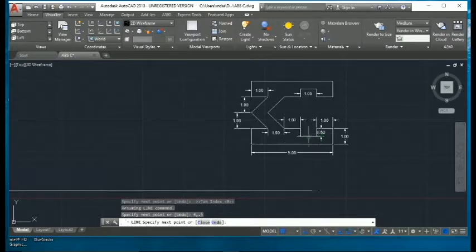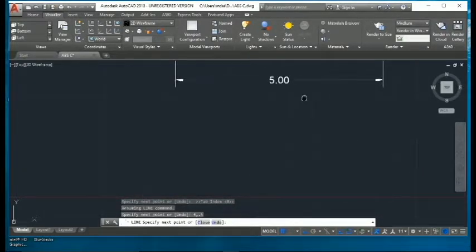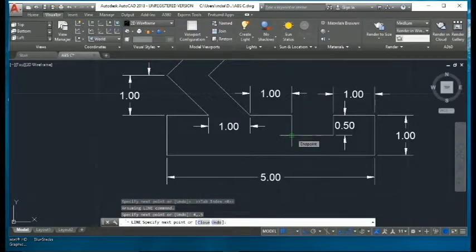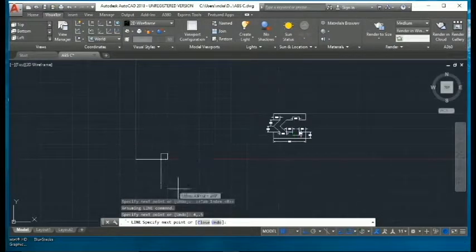Next point is this point. The x coordinate of this point will be 3 and the y coordinate of this point will be 0.5. So the coordinate value will be 3, 0.5. Type 3, 0.5. Enter.